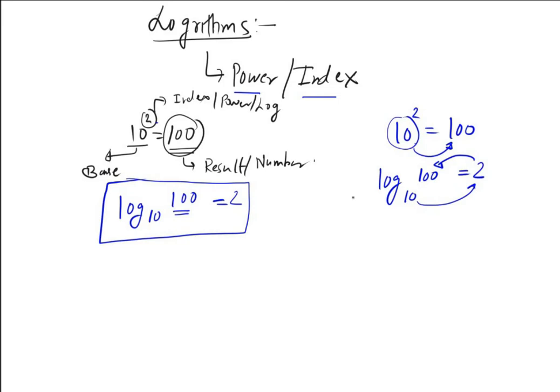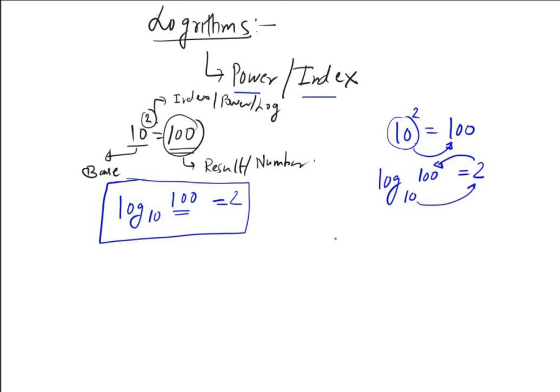It's just a flip notation of writing indices. All the laws of indices are also applicable in the world of logarithm, but with a slightly different notation. Now, this was a very easy example. 10 raised to the power 2 is 100.